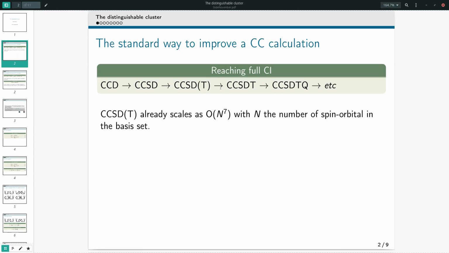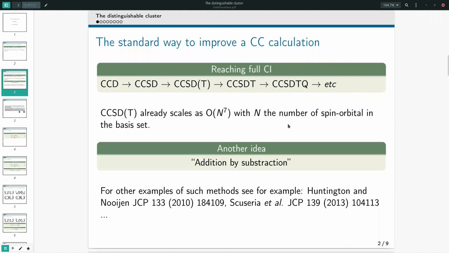So for example, in dissociation processes, single reference coupled cluster has struggled with the dissociation of the N2 molecule. So we would want to develop another way to improve the coupled cluster calculation without too computationally expensive approximation.